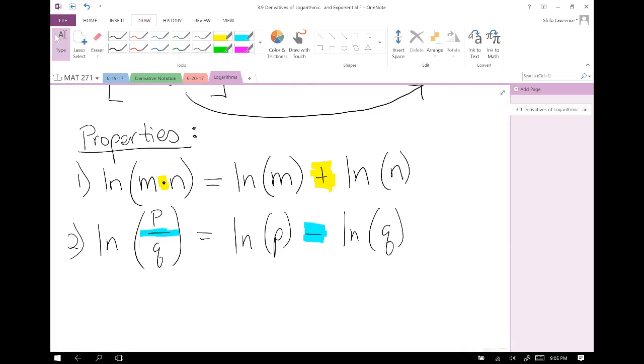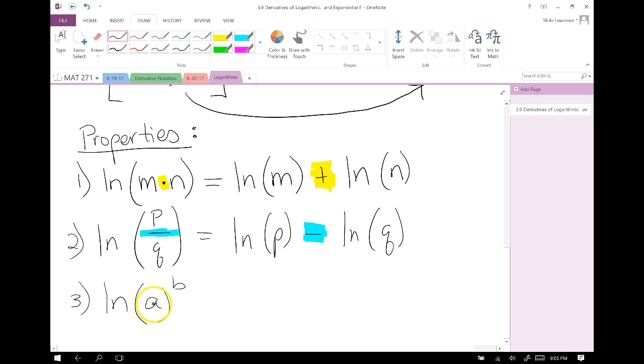And then there is a third property that might be helpful with our logs. And this would help us to avoid having to do kind of multiple embedded chain rules. And that is when we are taking the log of something that has a power.